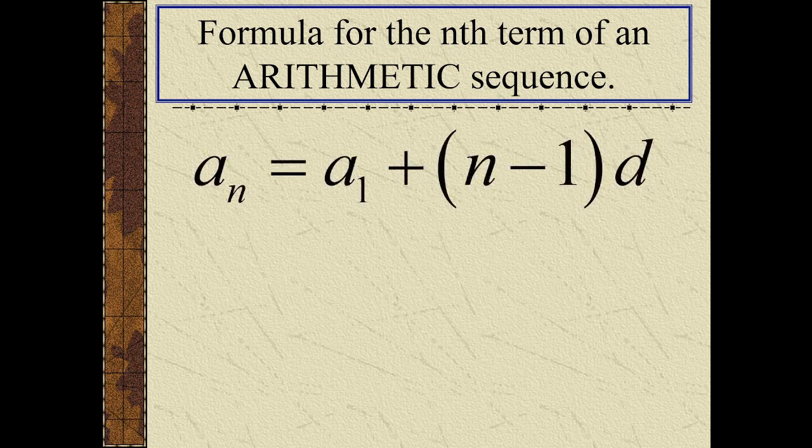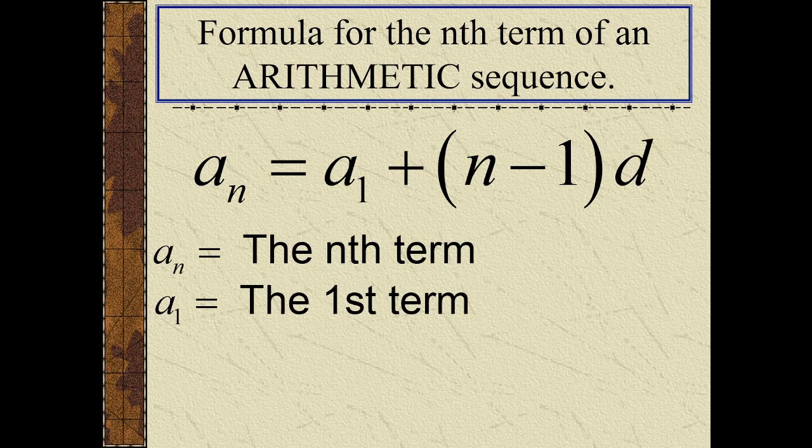Let's identify the parts of the formula first. So you have there a sub n, that is the nth term. A sub 1, I mentioned it a while ago, that's the first term. So you already know what a sub n is. For example, we are looking for the 77th term. So I will be writing this as a sub 77.